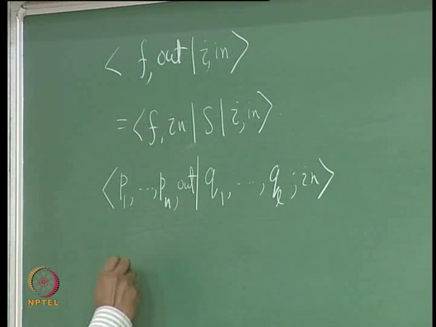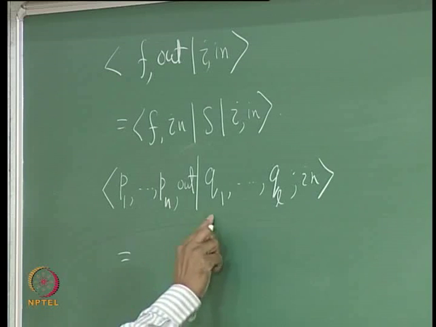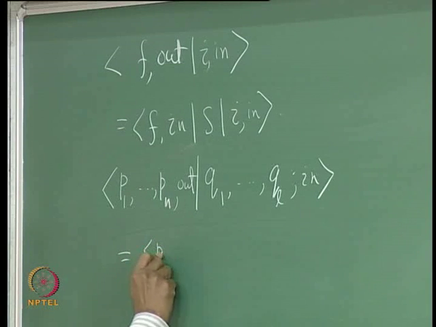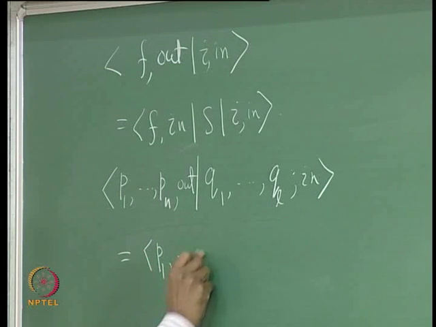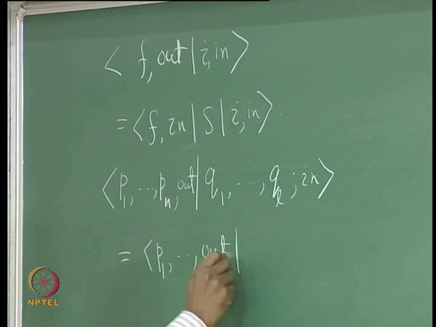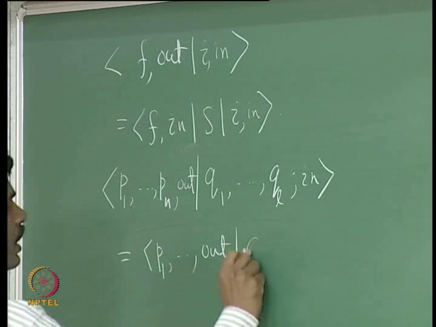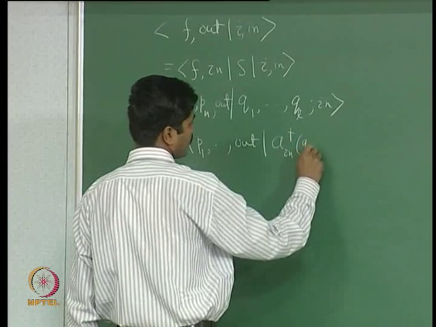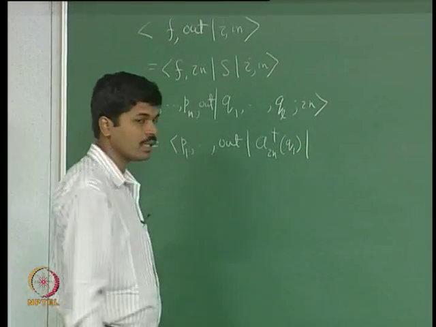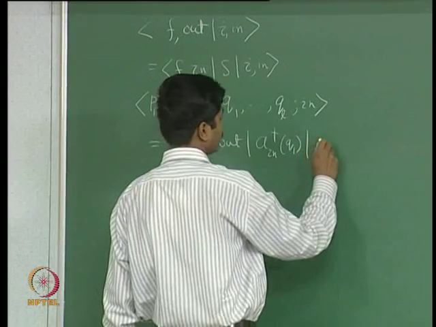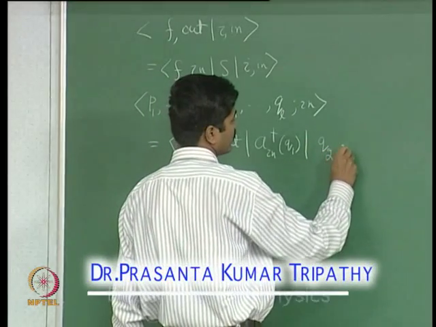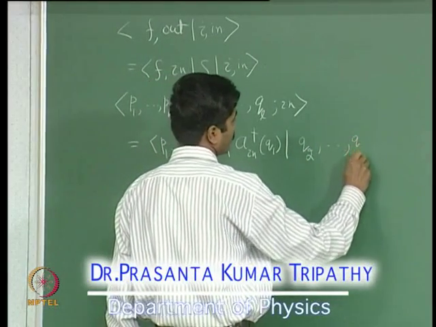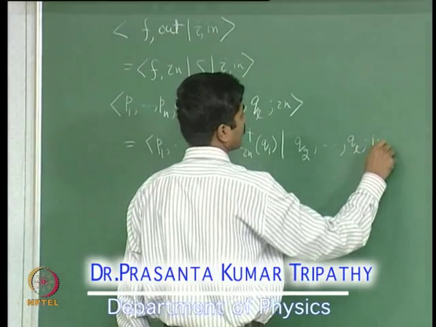We can write this as a_in dagger of q1 acting on |q2 up to ql, in>.